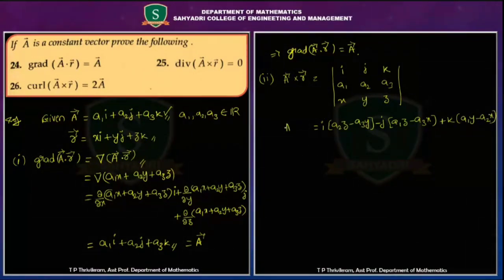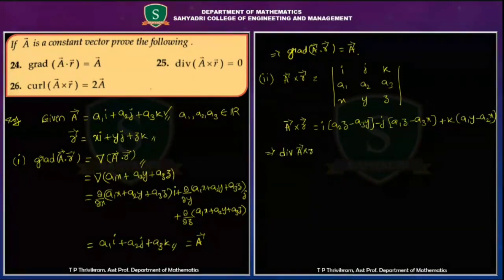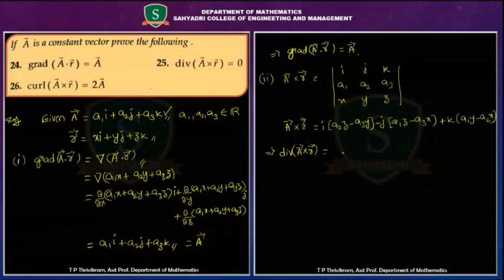So a cross r is this much. Now we need to find the divergence of a cross r.